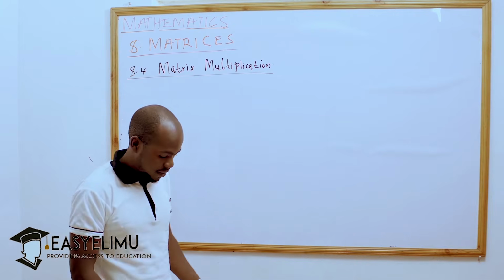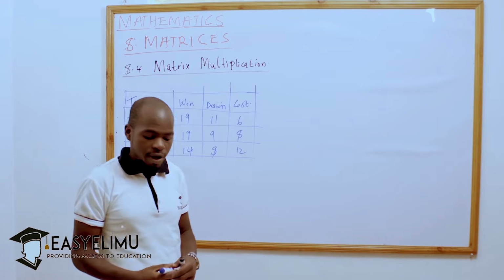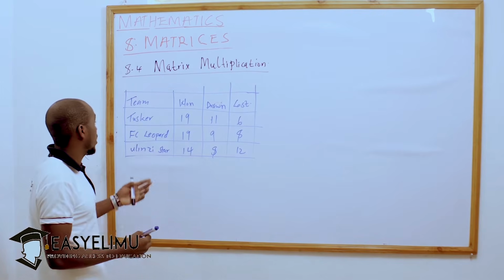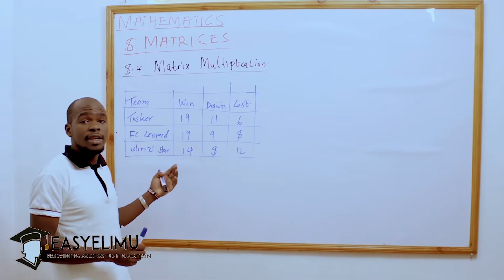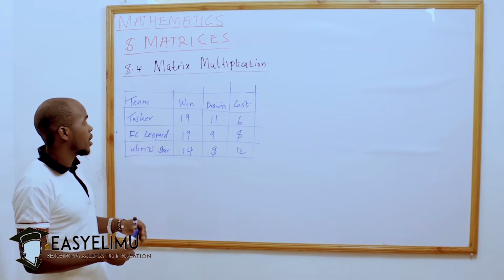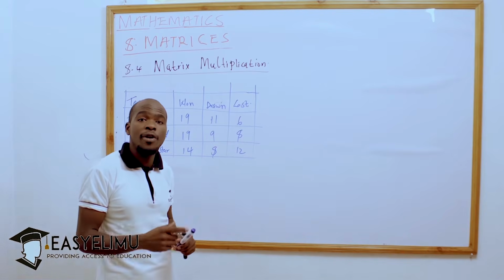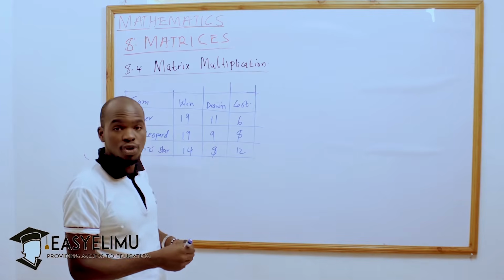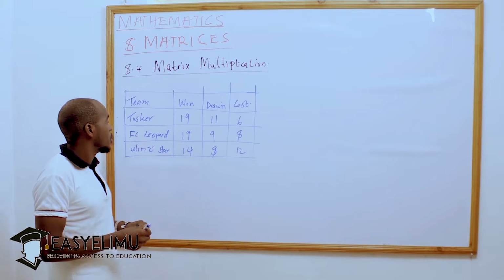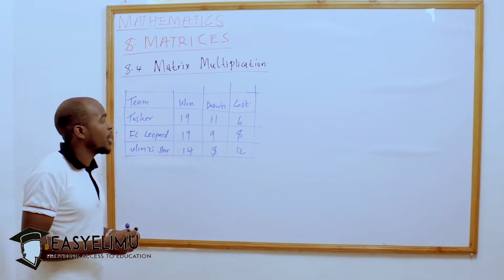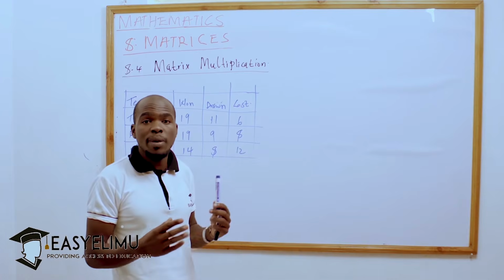We have been given teams like Tusker, FC Leopards, and Lane Stars, together with the number of games each won, drawn, and lost. Another piece of information is that for every win we have 3 points, a draw is 1 point, and a loss is 0 points. So having that, we can calculate the total points of each team using the matrix method.